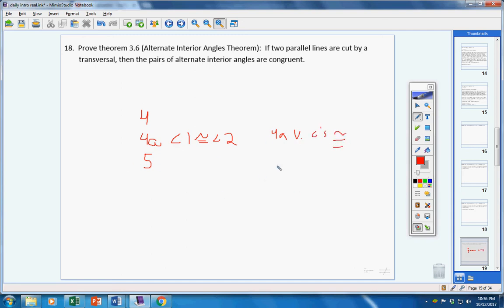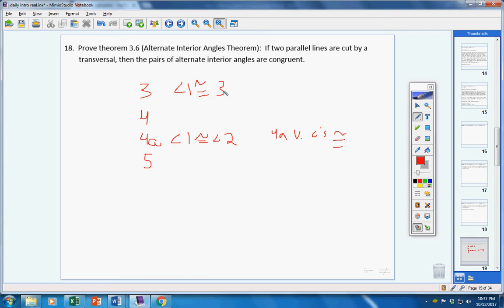I'm using a mouse, so my handwriting's a little sloppy. But look at what you have now, Tori. Look at number 3. Number 3, you have 1's congruent to 3, okay? So, look what you have now.